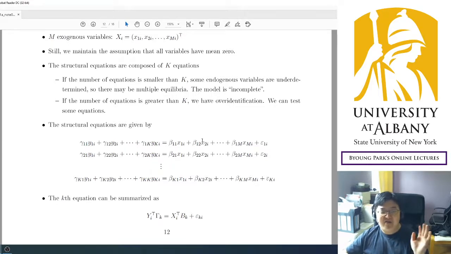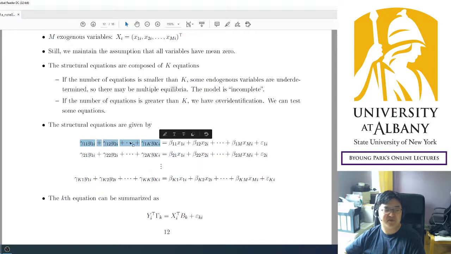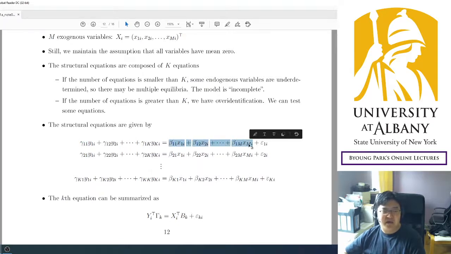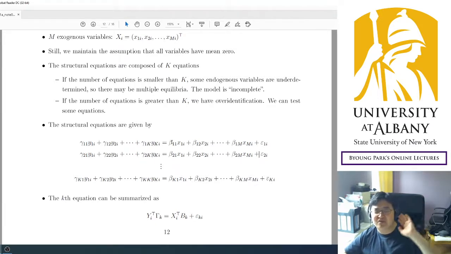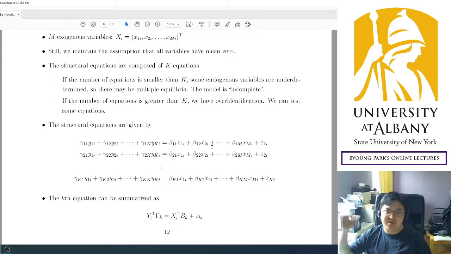I allow everything to depend on everything else. So the first equation has k different endogenous variables, m different exogenous variables, and an error term. Each equation has all endogenous variables on the left hand side, all exogenous variables on the right hand side, and then the error term at the end of the right hand side.